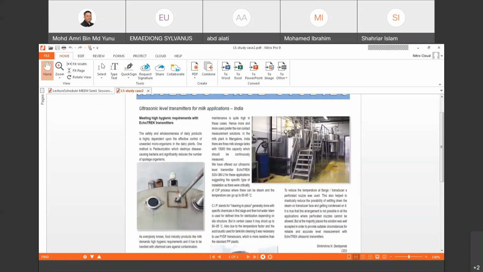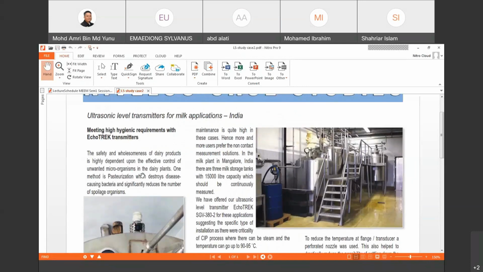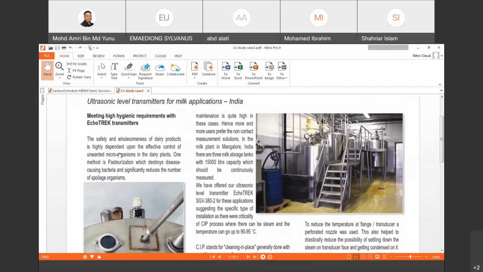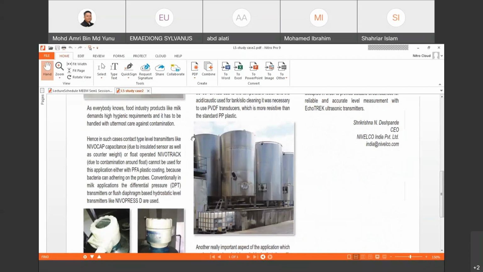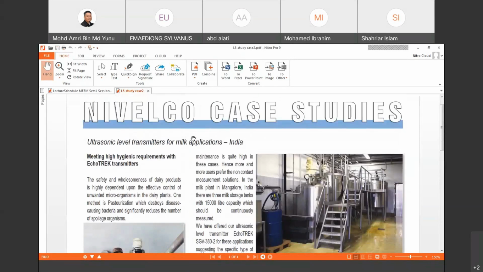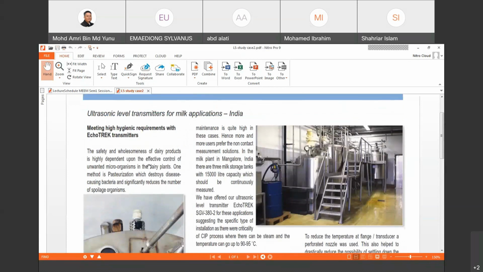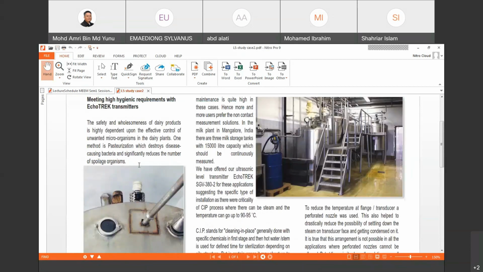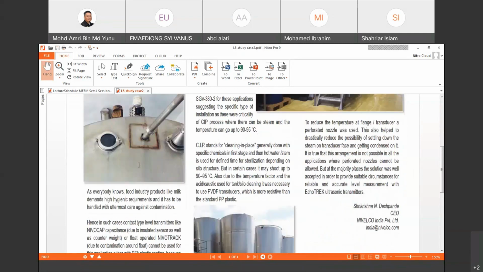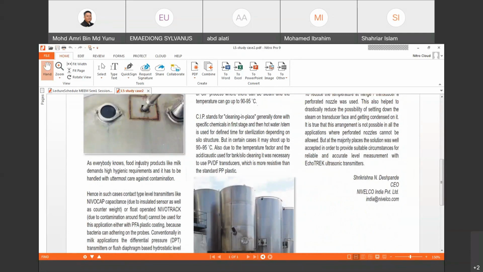The reason this method is used is that milk processing and storage require a very hygienic process. The ultrasonic sensor or transmitter is non-invasive and non-intrusive, meaning the signal has no direct contact with the liquid, and that determines the hygiene of the process.